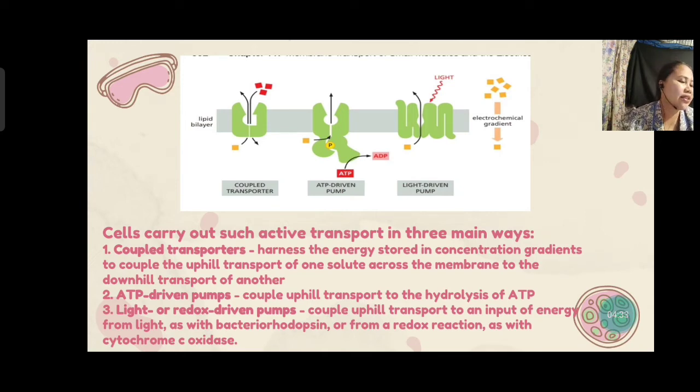These light or redox-driven pumps are found in bacteria, the archaea, the mitochondria, and the chloroplast.